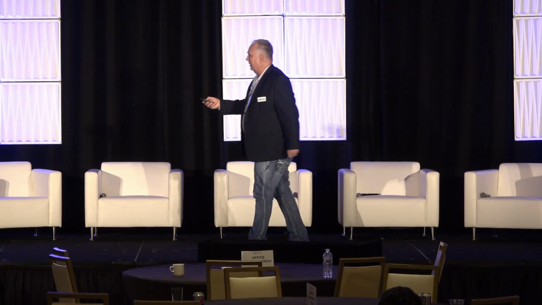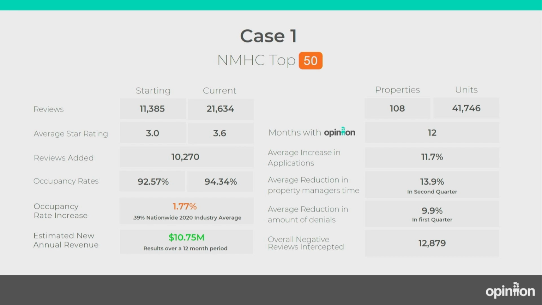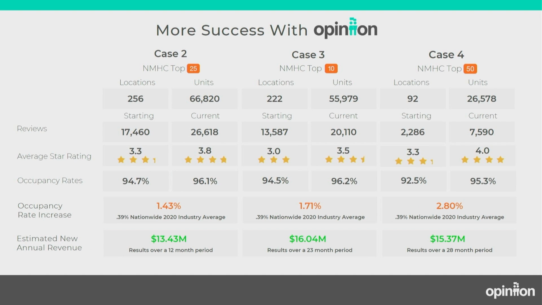And we could go on and on. Some of these are local to down here, but the story is the same. It didn't change at all. You increase your online curb appeal, the more people you will have looking at your community, which means the occupancy rate goes up. And that's all we're talking about right here.